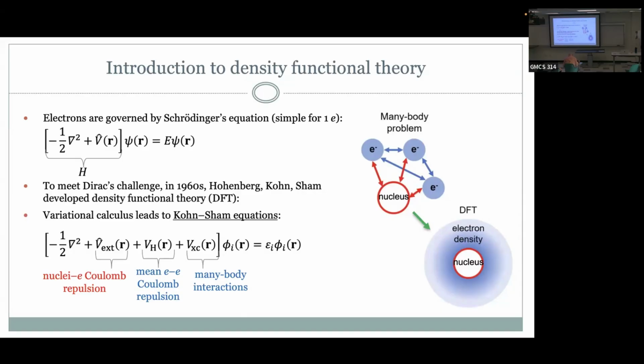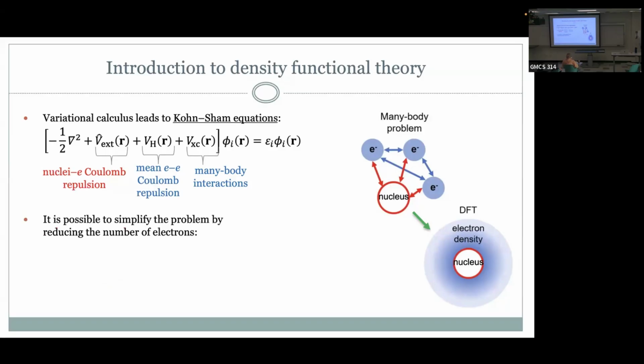The first term is the Coulomb repulsion between the positive charge, between the nuclei. The Hartree term is the average electron-electron repulsion, and then this functional for the exchange correlation potential includes essentially all the many-body interactions between the electrons.